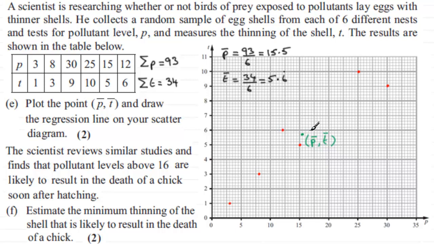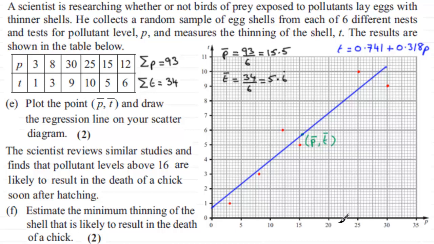Now we've got to go on to draw the regression line on the scatter diagram, and we also worked that out in the previous part. We found out that the equation of it was t equals 0.741 plus 0.318p, and to draw this line on the scatter diagram, all I did was take a point p.